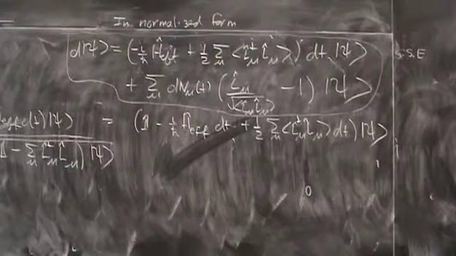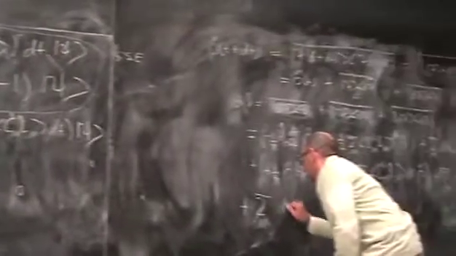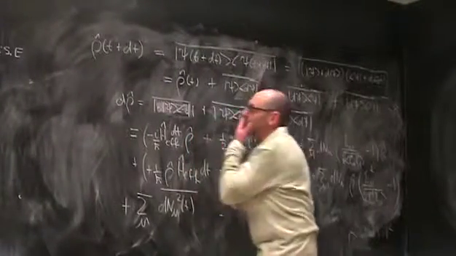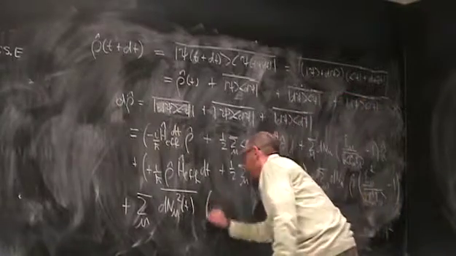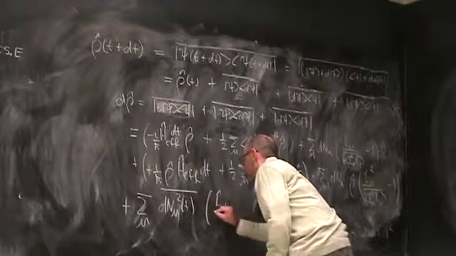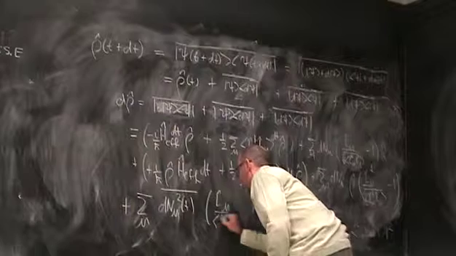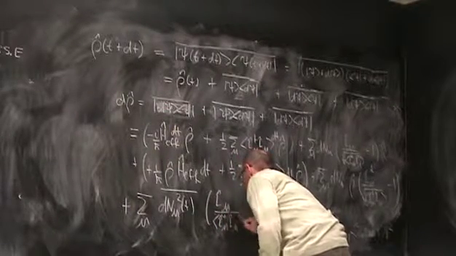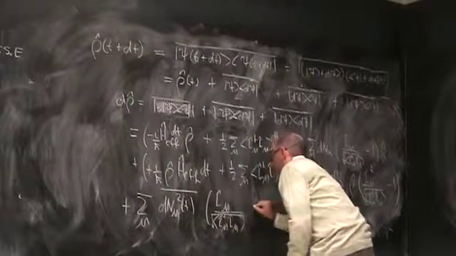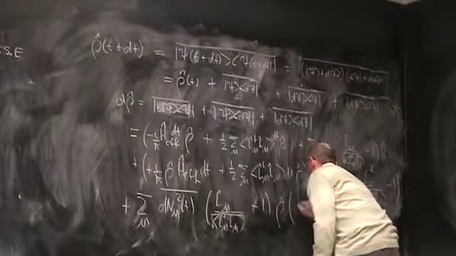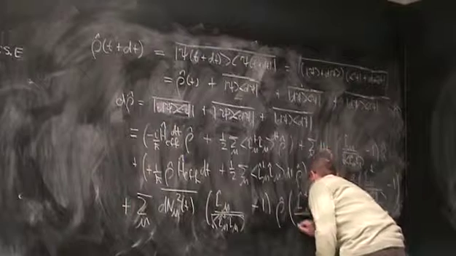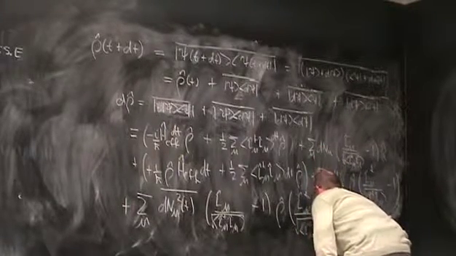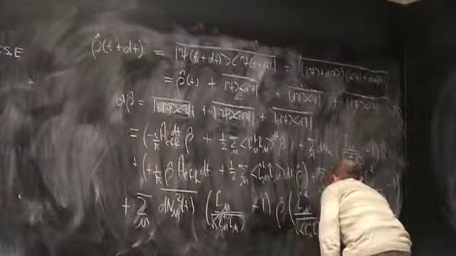So that's the sum where mu equals nu, dN squared, averaged over the ensemble, L mu over the square root minus 1, rho, L mu dagger over the square root minus 1.